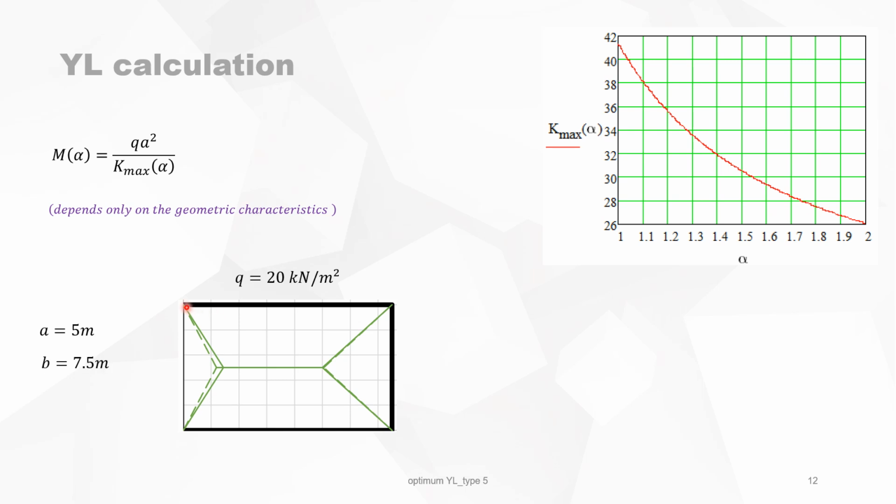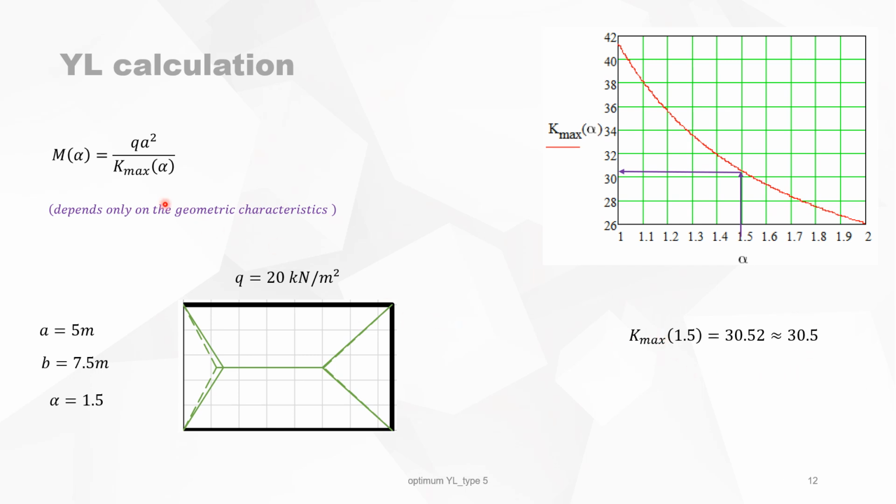Let's give an example of a rectangular slab loaded with 20 kilonewton per square meter. A is 5, B is 7.5, so alpha is 1.5. Then we go to the curve, alpha is 1.5, and we obtain K max is a little more than 30, and we just round it up to 30.5.